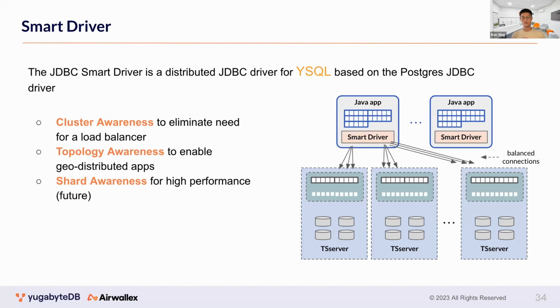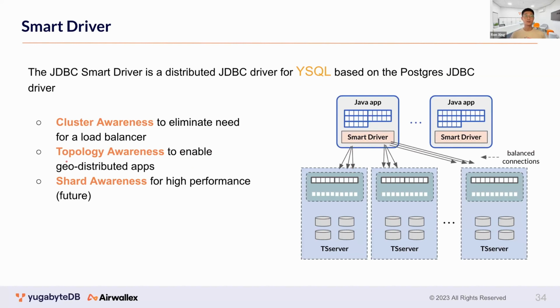If you have multiple nodes and you want an application to connect to this Postgres cluster, then you definitely need a load balancer or some third-party middleware like HAProxy or other components to do the traffic routing. So for us, we wrote a smart driver, which is built on top of the Postgres driver. It has cluster awareness, so you don't need a load balancer. The application knows which are the available nodes in the cluster to connect to.